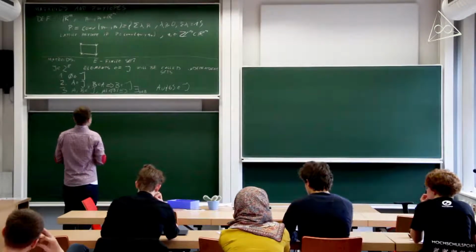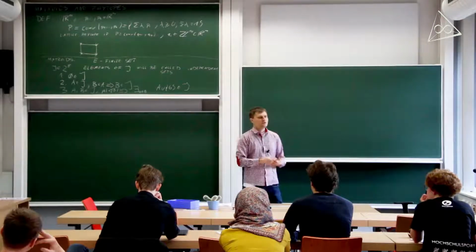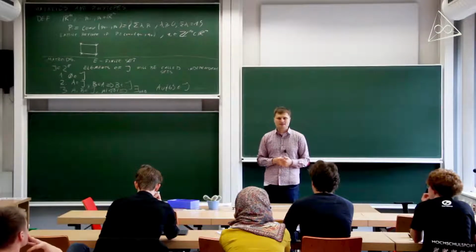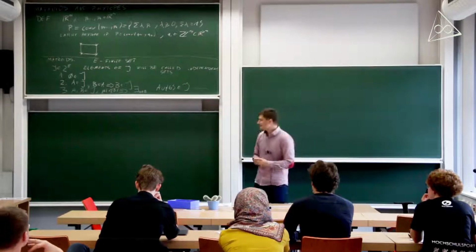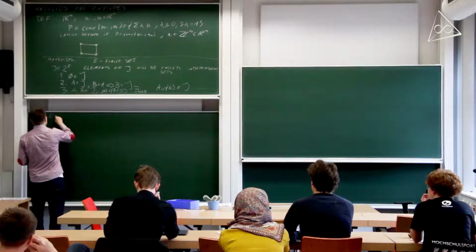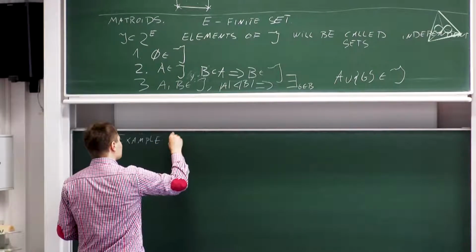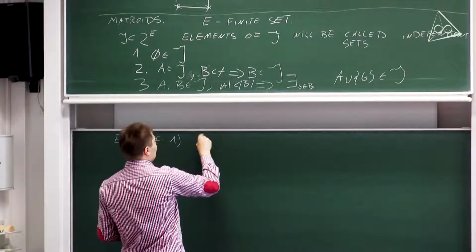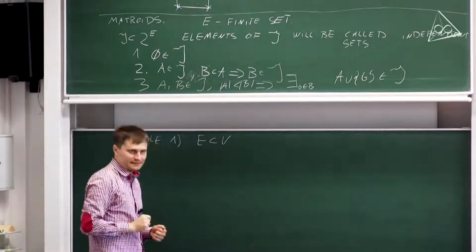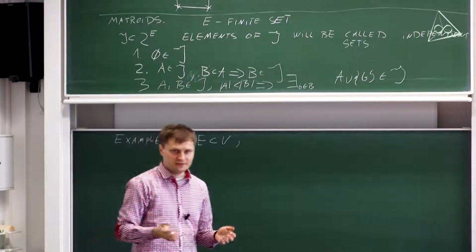Perfect. Because we were building our axioms on the intuition of linear independence, the first example of a matroid that we encounter is when E is a finite subset of a vector space, any vector space over any field.